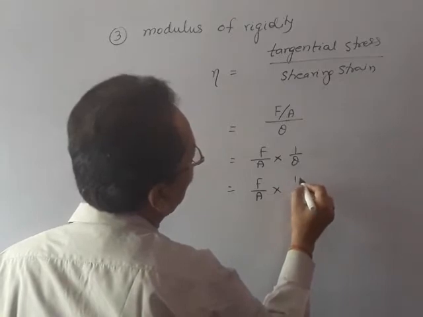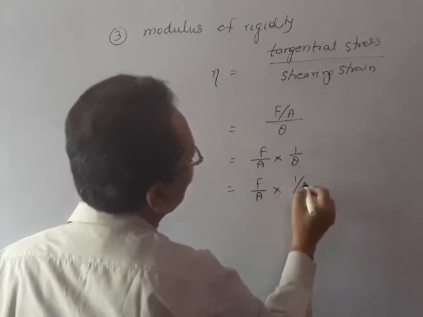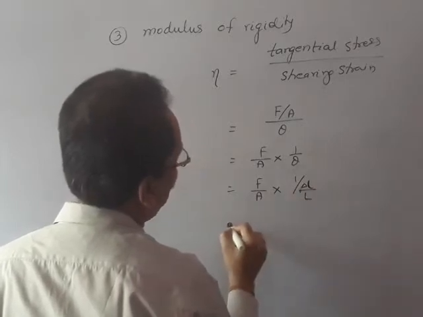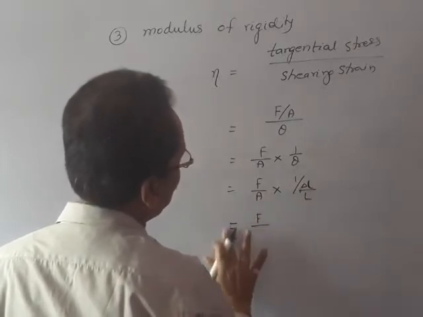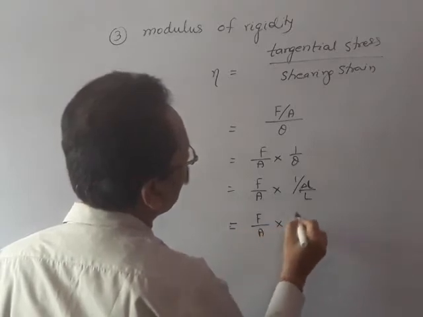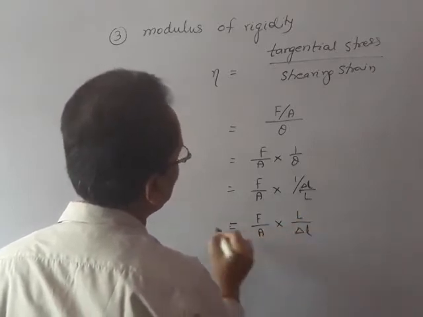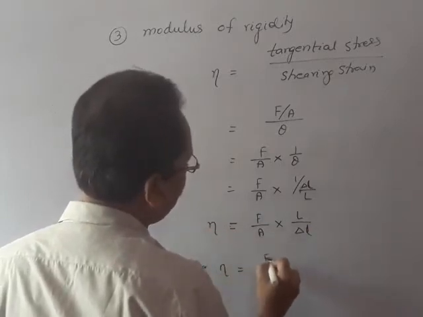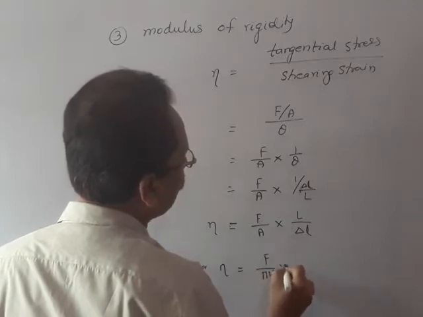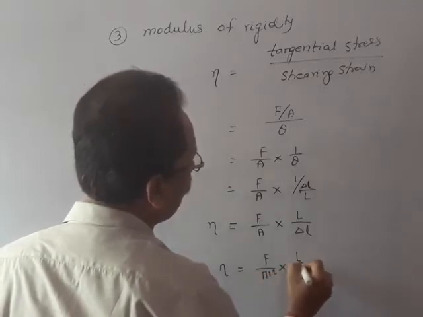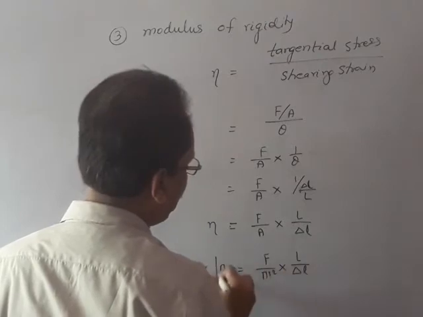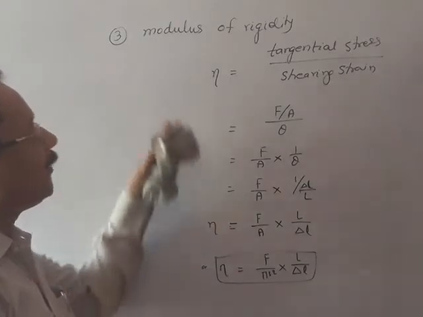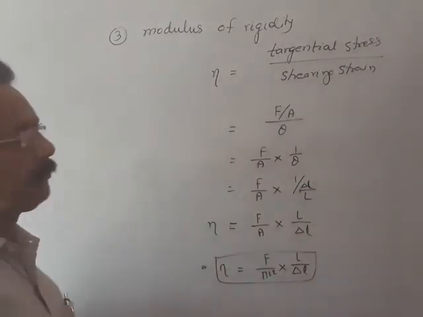So eta equal to F by A into L by del L, which may also be written as F by pi R square into L by del L. The unit of this is the same as that of stress.